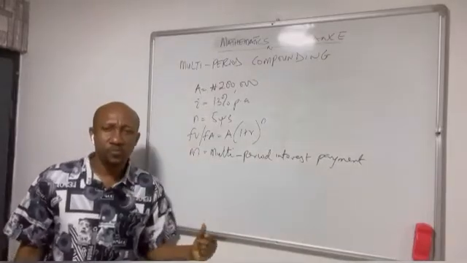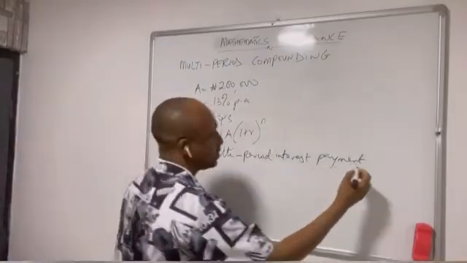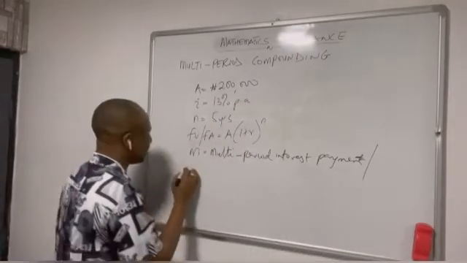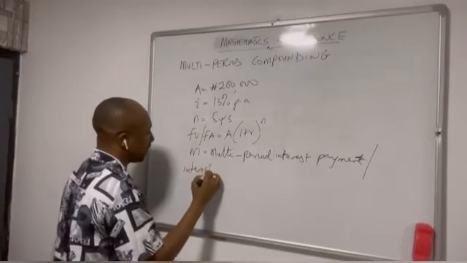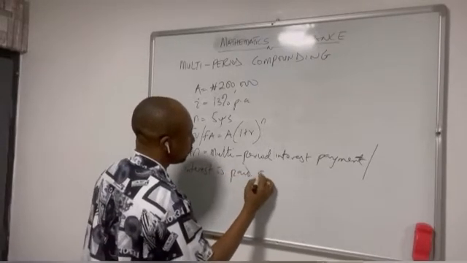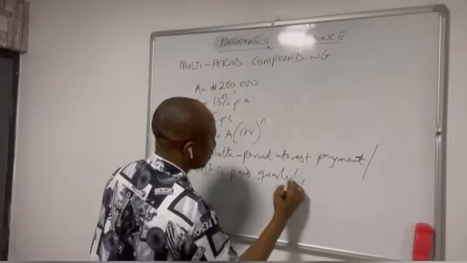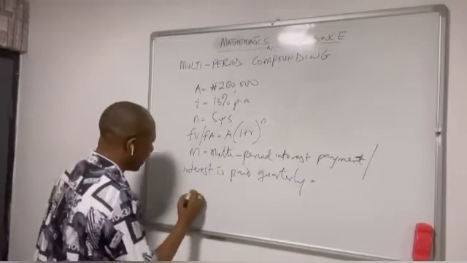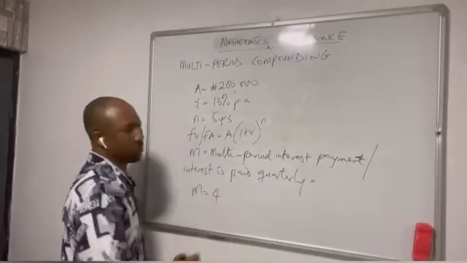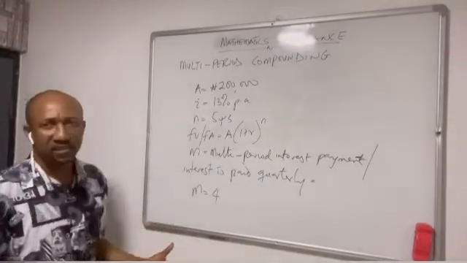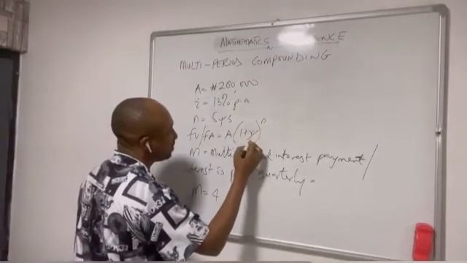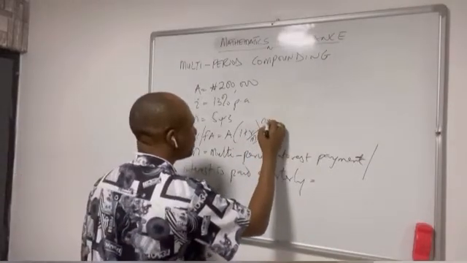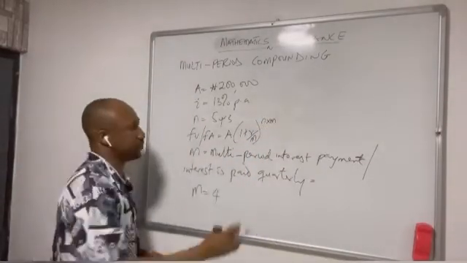So in this example, let's assume that we are told that interest is paid quarterly, which means that there are 4 quarters in a year, which means that N will be equal to 4. So what we do is divide the rate by the number of times interest is paid in a year, and multiply the number of years by the number of times interest is paid in a year.